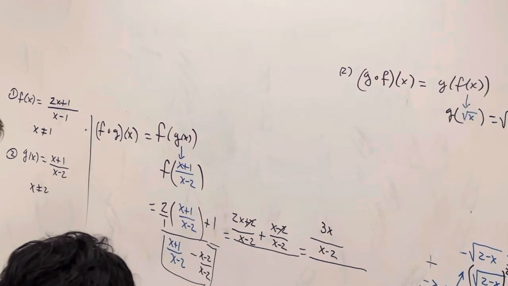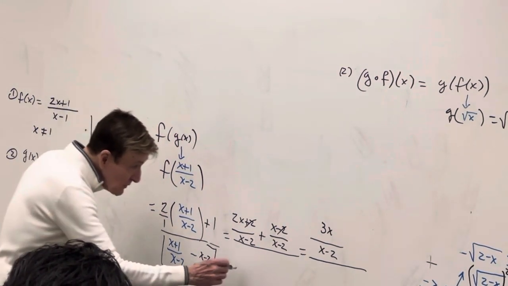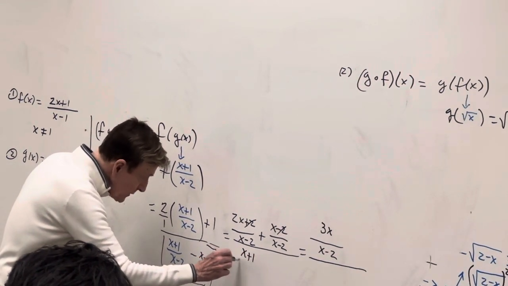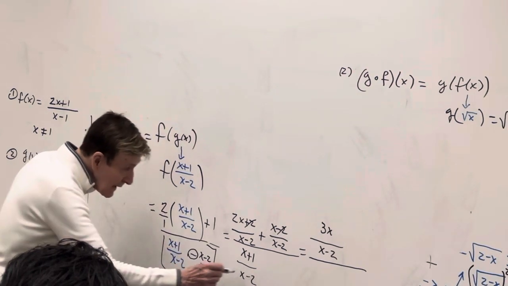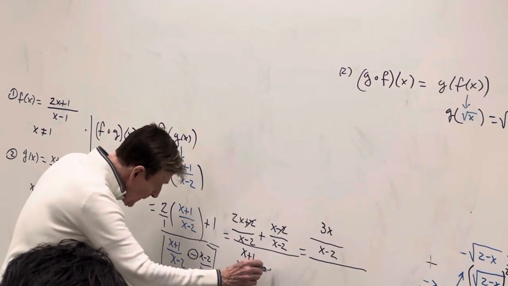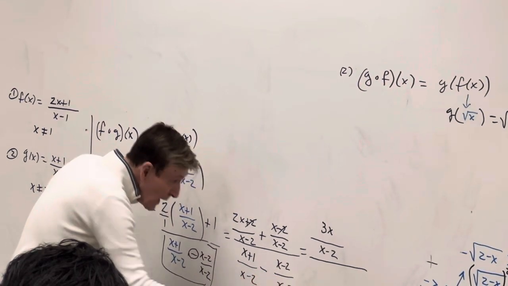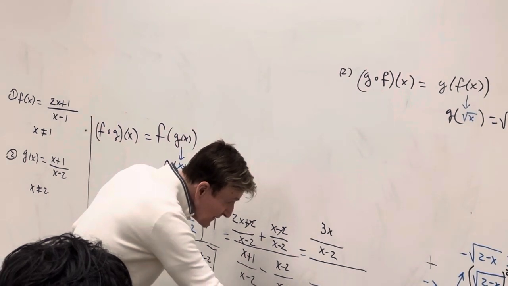Now hang on, be very careful on this one. x plus 1 over x minus 2. This bothers me, I got a subtraction sign. x minus 2 over x minus 2. I like to put them all over x minus 2, the common denominator.